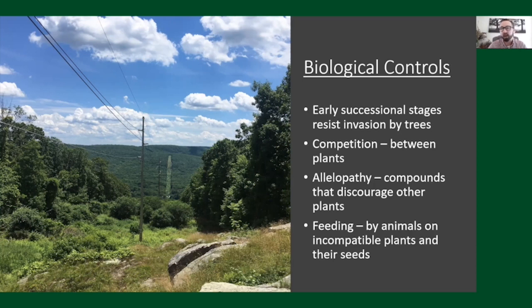But meadow habitats, early successional habitats, do have some of these natural adaptations for holding their ground. And these are what we call biological controls. They're basically free to us. There are adaptations that these plants have to hold their ground that can help reduce the amount of management inputs that we need to provide to maintain this early successional, low-growing plant community.